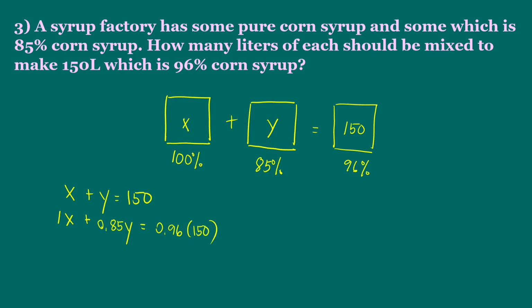Okay, so let us also, just like what we did in the previous examples, multiply this by 100. It will give us 100x plus 85y equals 96 times 150. Alright. So, as we can see here, we can actually directly multiply this.